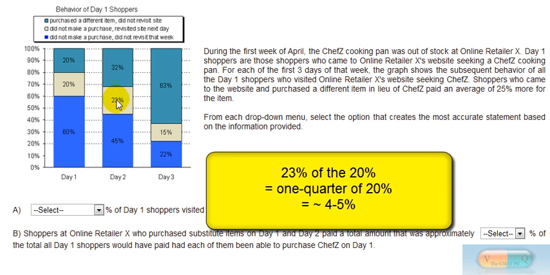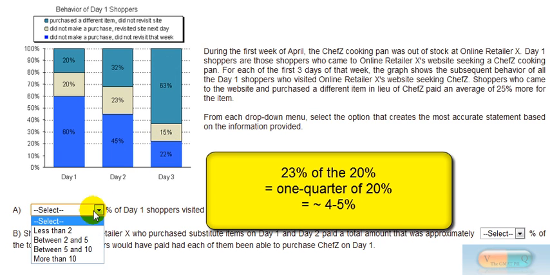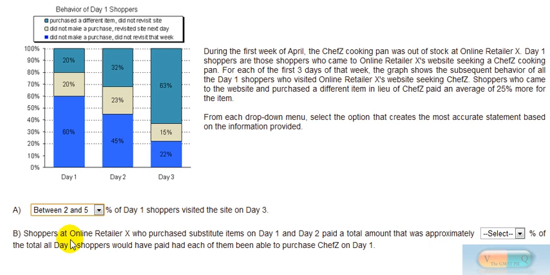Well, this is basically 1/4, roughly. So you basically take 1/4 of 20% is how much? That's roughly 5%, a little bit less, maybe like 4%. So the answer you're looking for is around 4%, because of this 20%, 1/4 of that, so 4% of them actually went on to the third day. So of these answer choices, between 2 and 5, that's what we're looking for.